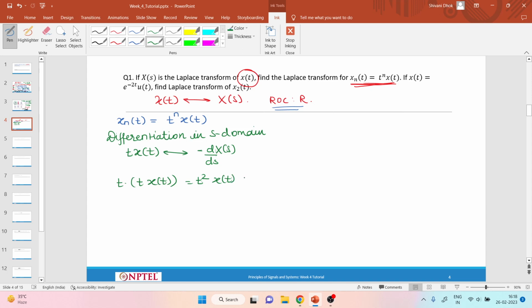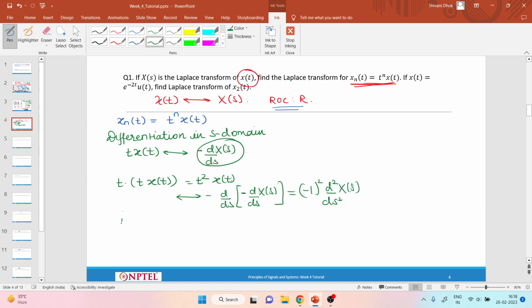Its Laplace transform will be the differentiation of this, that is, I'll have a negative sign here, and minus d/ds of minus d/ds X(s), and this comes out to be (-1)^2 d^2/ds^2 X(s).